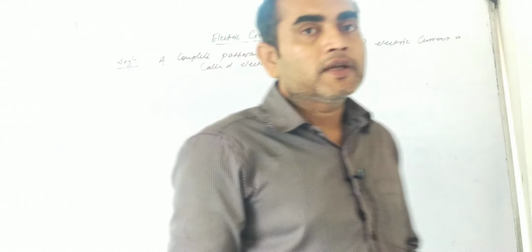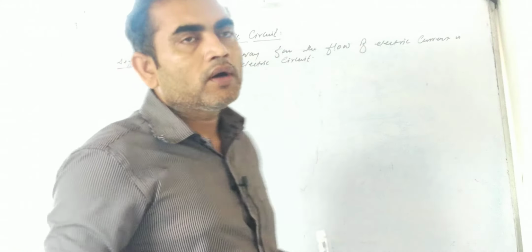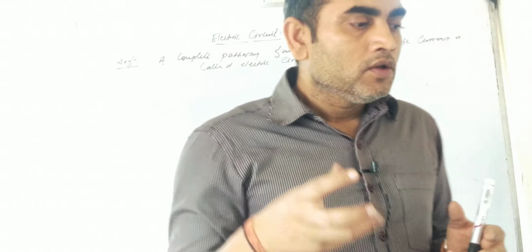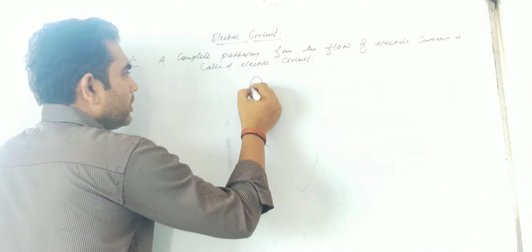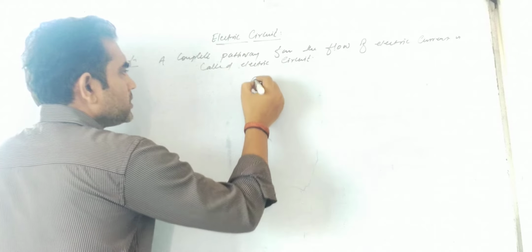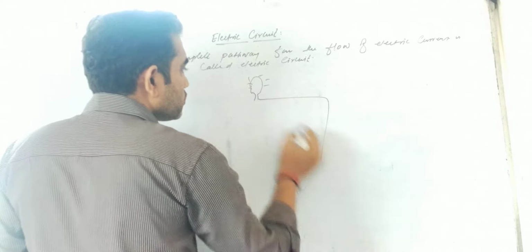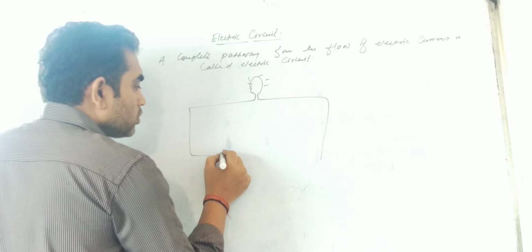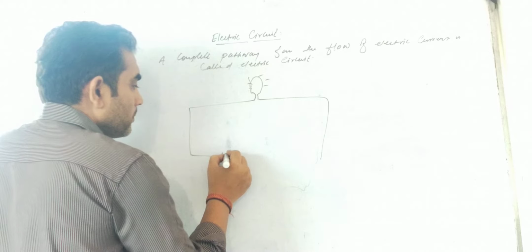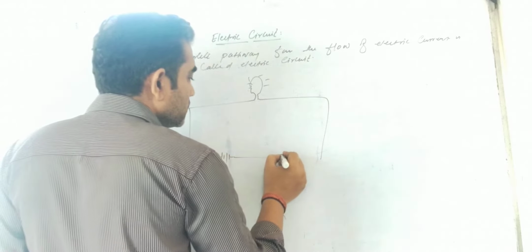Okay, electric circuit. If we go through a diagram, certain elements are needed in order to complete an electric circuit. So what are the elements? We will talk later. Suppose we have a bulb here, a wire is required, then the source of current, a battery, and a switch.